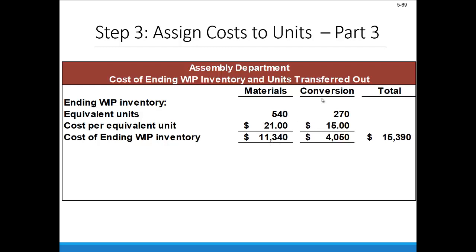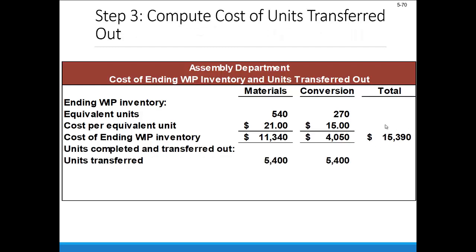With respect to conversion, that's the 270 equivalent units times the $15 per equivalent unit for a total of $4,050. Now, if I add those together, that means the total cost of ending work in process inventory for this assembly department is $15,390.